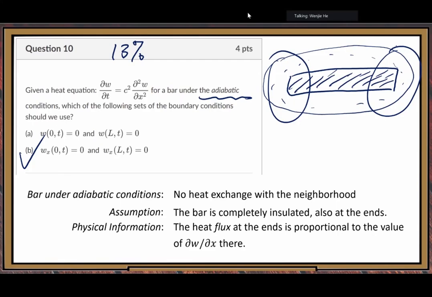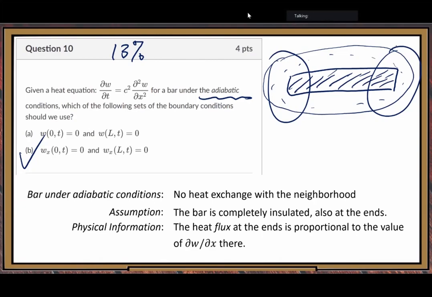Okay, all right. Then, physical information. The heat flux at the ends is proportional to the value of the partial derivative at the ends. So that's the partial derivative.